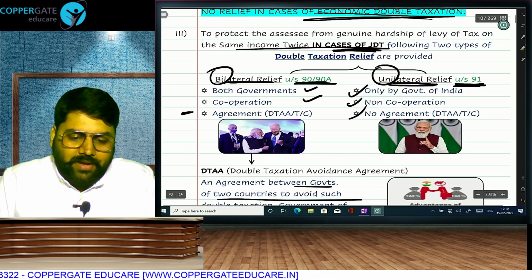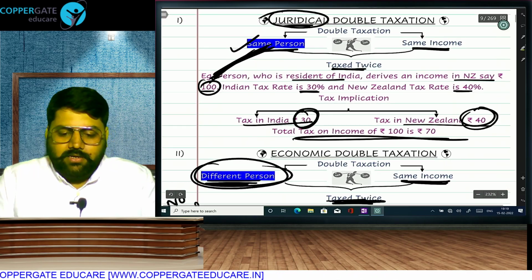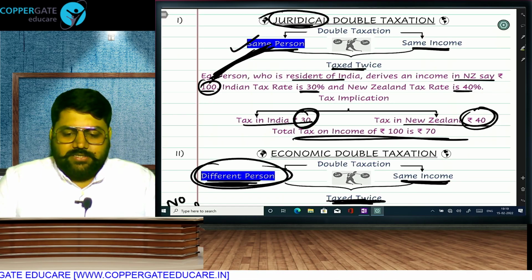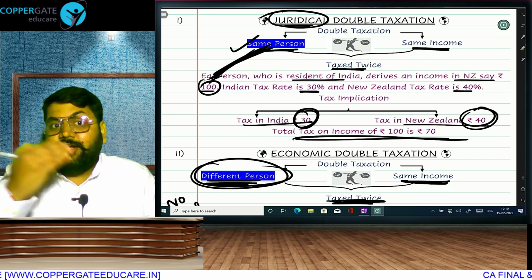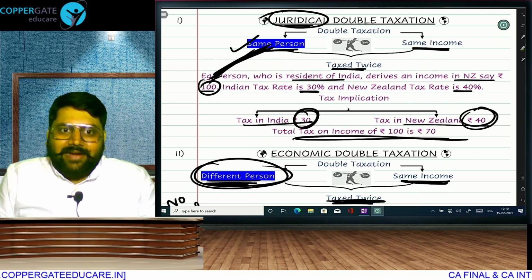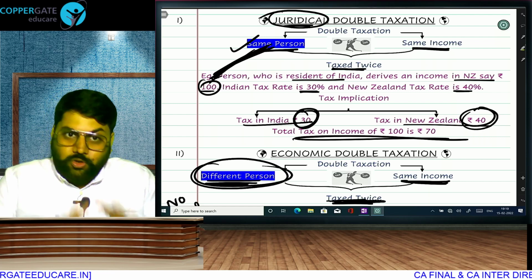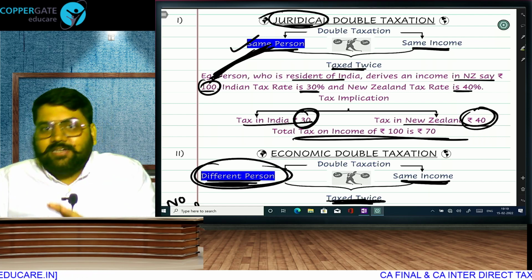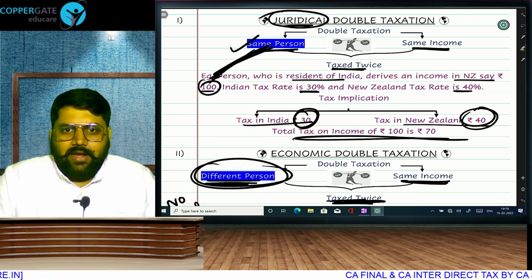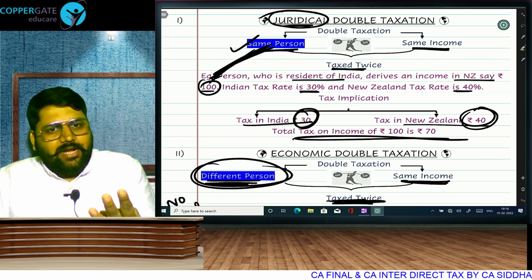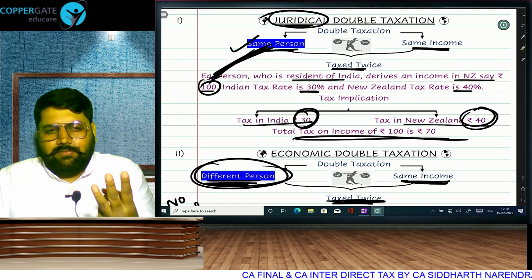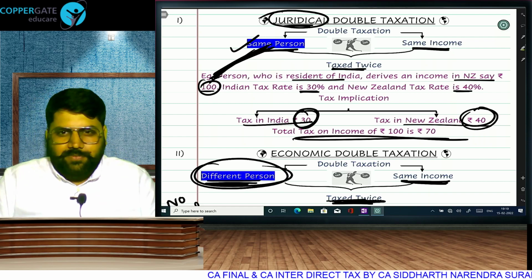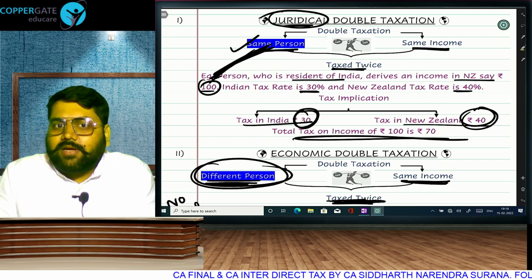So, if I come back to my example of 30 and 40, here both countries will take tax. If New Zealand is giving credit, that means in India you have to pay 30 and in New Zealand, in 40 you take credit of 30, pay only 10. So, you pay at both places, but one country will give you credit. And if India is giving credit, then in New Zealand you pay 40. In India against 30 you will take credit, but it can be maximum 30. Your credit of course cannot be more than your liability. So, both countries will take tax.